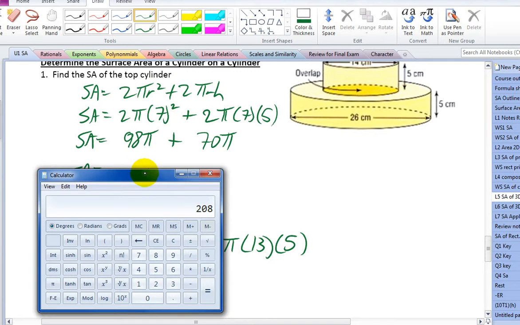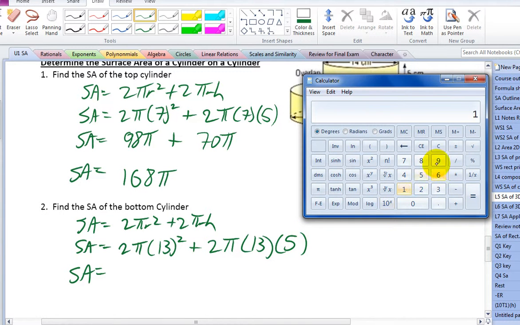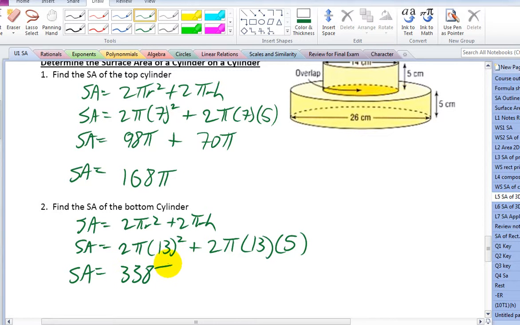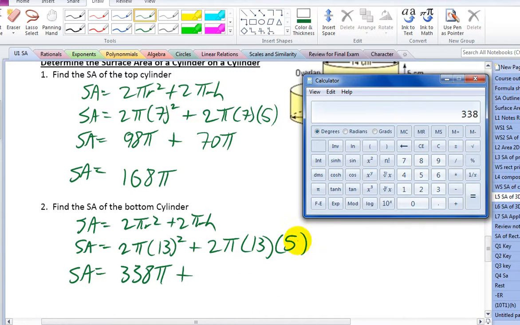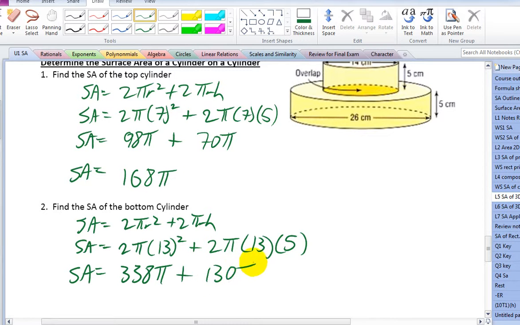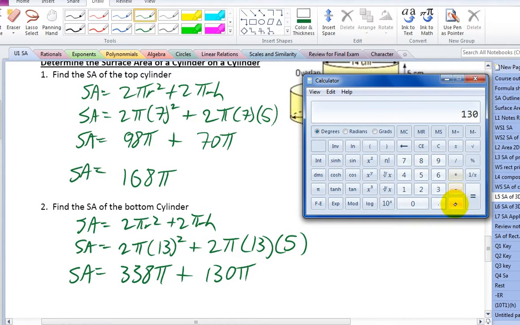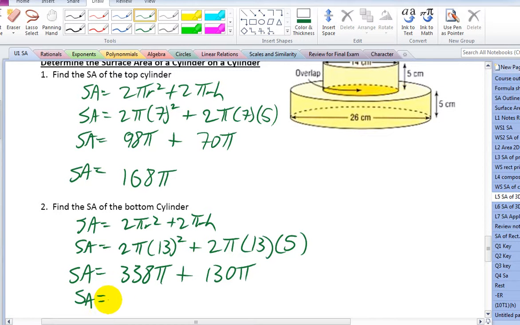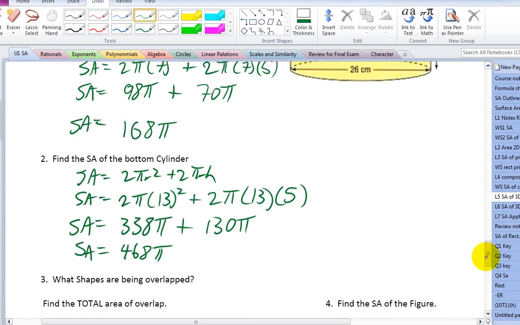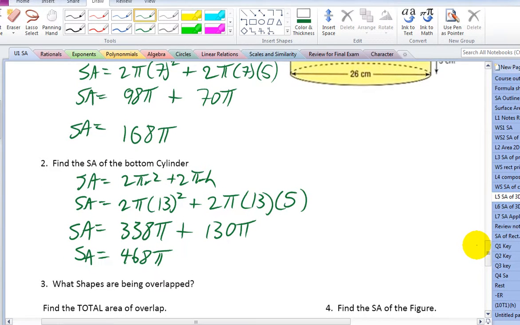So this is going to be 13 squared is 169 times 2, 338 pi, plus 26 times 5, 130 pi at the back. $468 pi altogether. Okay. I know I went super fast. Okay, I'll give you a second to catch up, okay? Any questions, just shout out, ask.